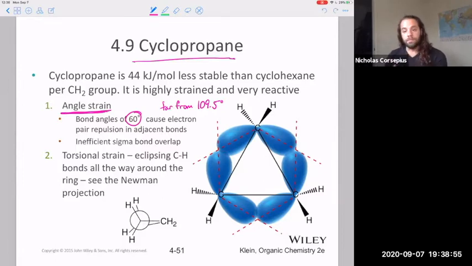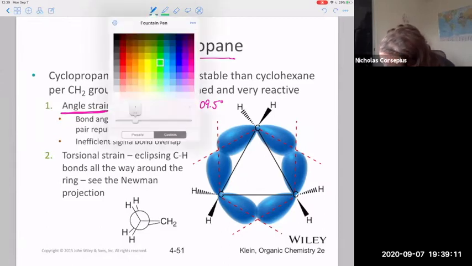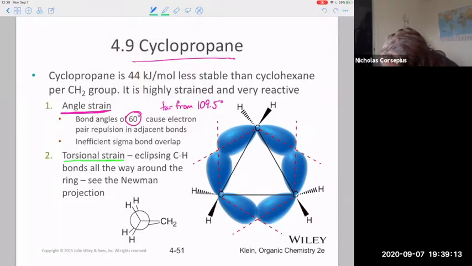In addition, you also have torsional strain. Thinking back to what we were just talking about, it's basically saying that these hydrogens have to adopt an eclipsed conformation at all times. So there is what we call torsional strain in this molecule as well. We can picture that using the Newman projection here.